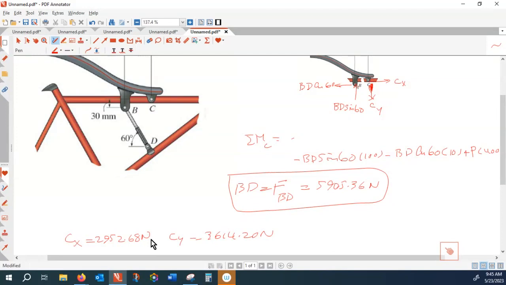How do I go with the component of the Cx? The total magnitude of C is responsible for the shear. Not only Cx, not only Cy, but you have to combine them. The total magnitude of the C is responsible for the shear. So I have to find the resultant of the C, that is the root value of Cx squared plus Cy squared.